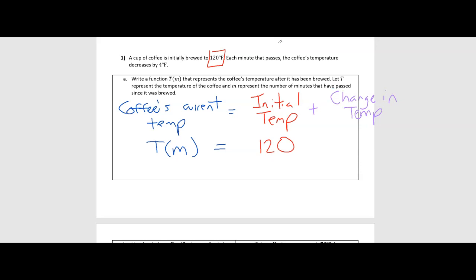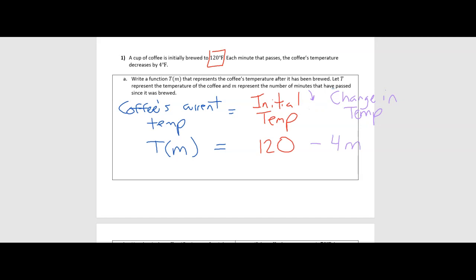And the change in temperature, well, it says the coffee's temperature decreases by 4 degrees Fahrenheit per minute. So I know we have adding up here, but the change ends up being negative. So it's going to end up being minus 4 times m.